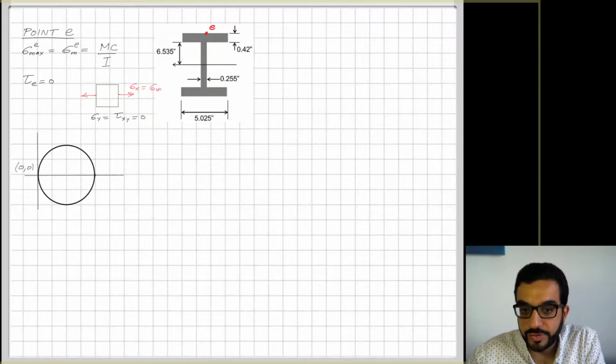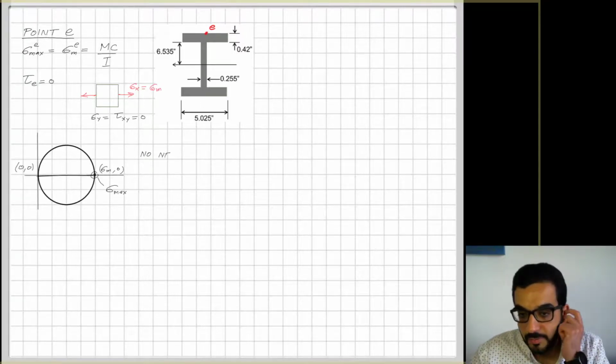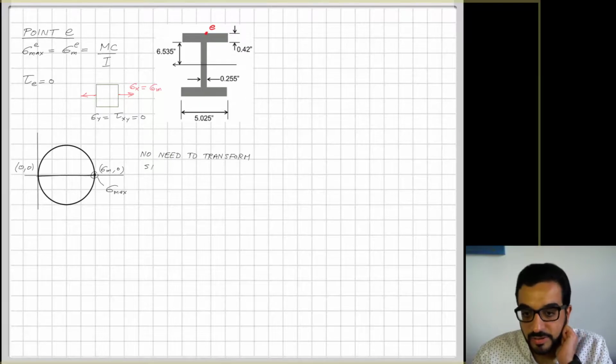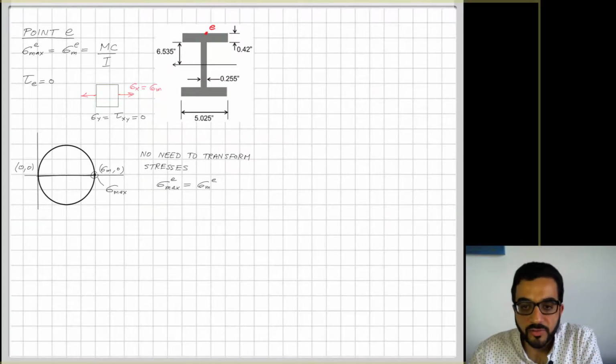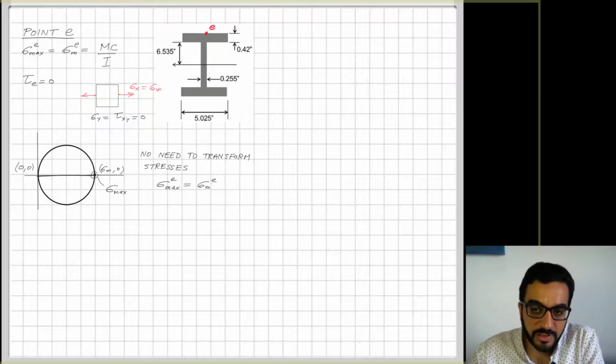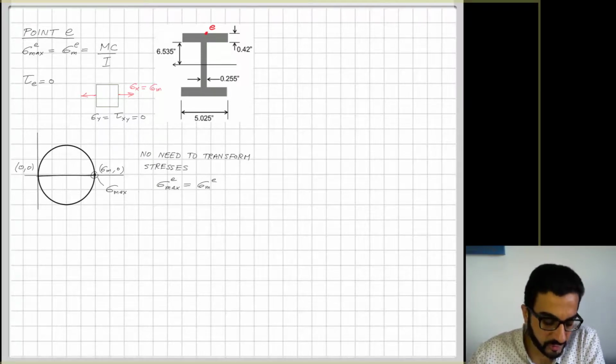So when you draw the Mohr circle for that stress block, it will be a diameter in the Mohr circle of stresses at this point, and you can see here that sigma max or sigma 1, maximum principal stress, is exactly sigma m. There is no change, there is no transformation of stresses because there is no tau.